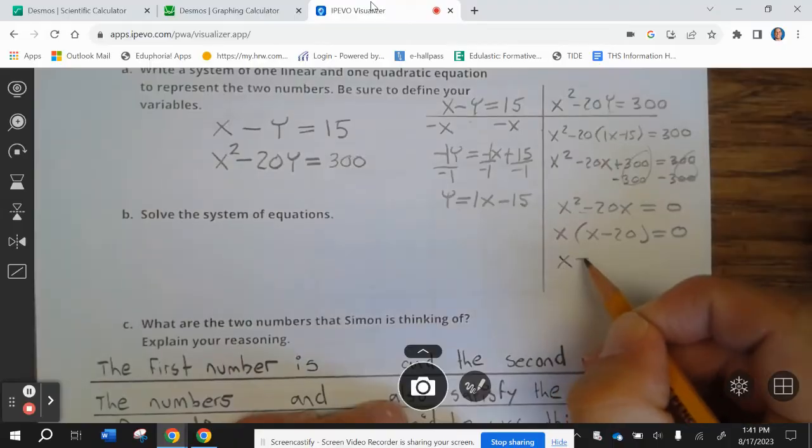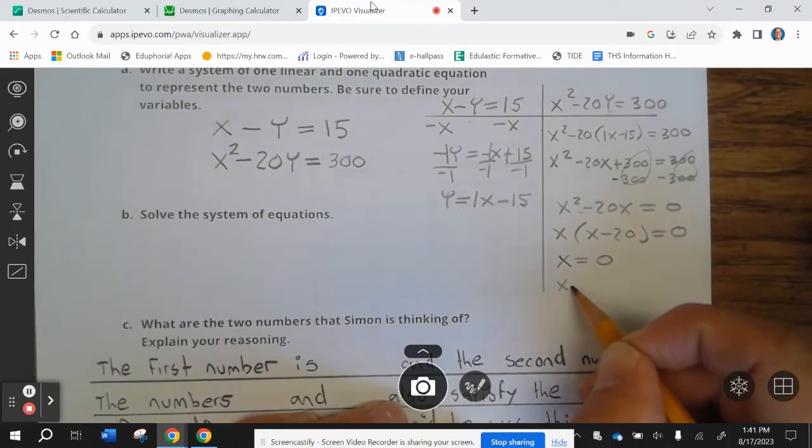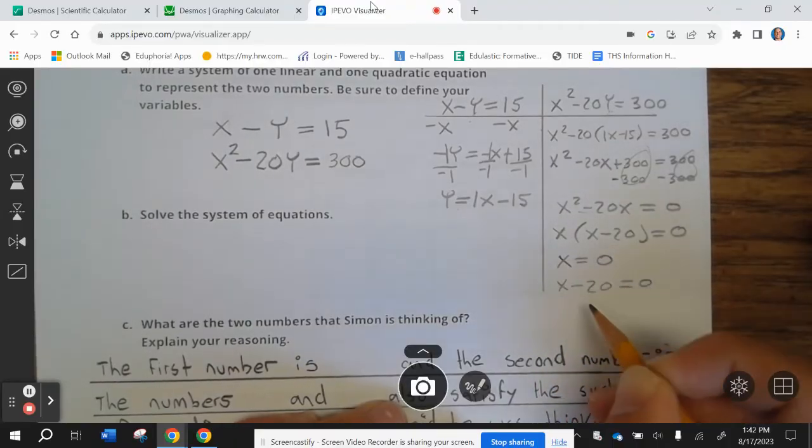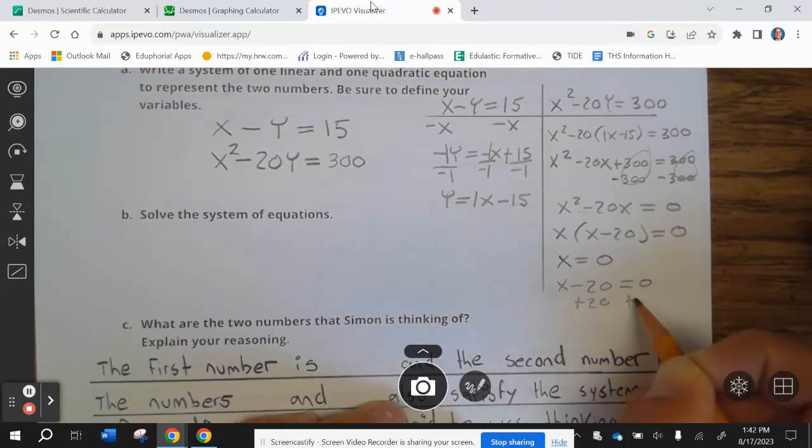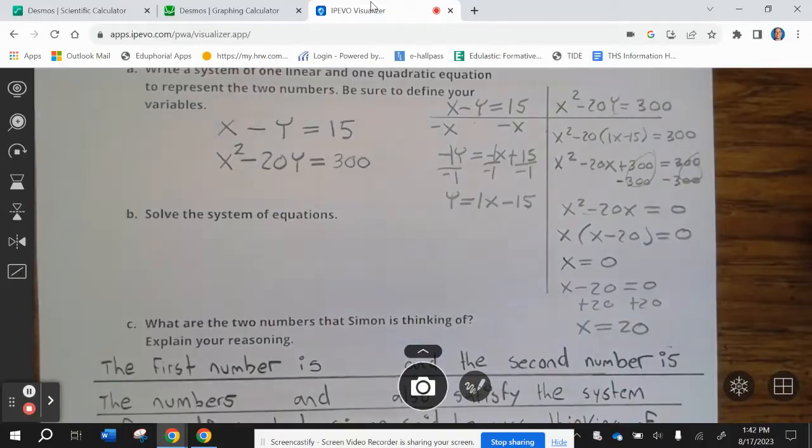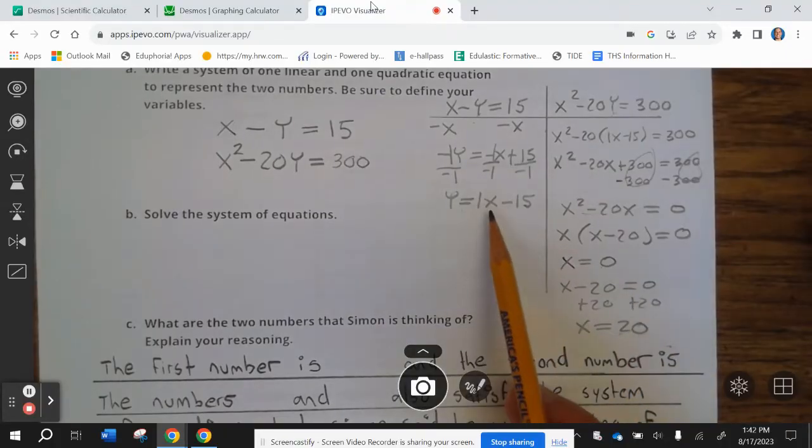So x equals 0, and let's set x minus 20 equal to 0. Add 20 to both sides. X equals 20. Now we need to plug these back in and solve for y. And I suggest we use this right here.